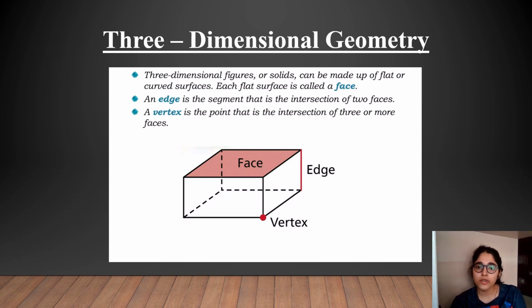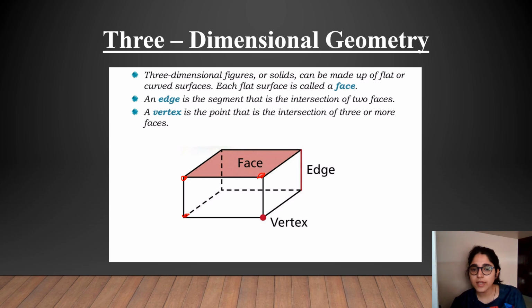Three-dimensional figures or solids can be made up of flat or curved surfaces. Each flat surface is called a face. The corner points that are observed become the vertex, or the vertices.